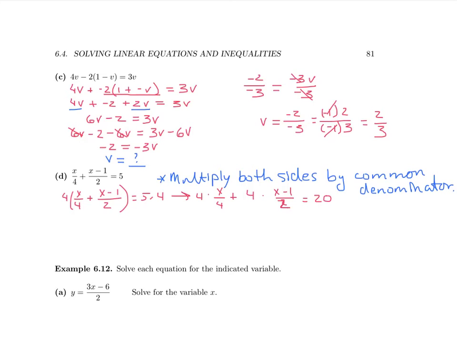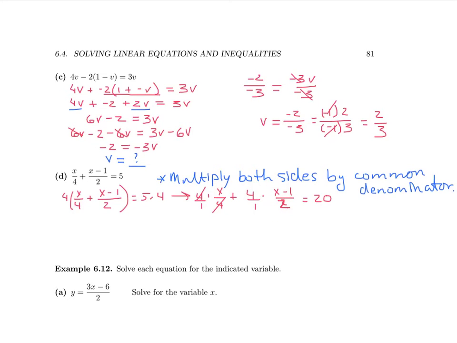Notice that the 4's can be written as fractions, 4 over 1. So in the case of the first term here, you have a 4 in the numerator and a 4 in the denominator. They are both factors and they are eligible for canceling. In the case of the second term here, notice that the 4 and the 2 share a common factor of 2.